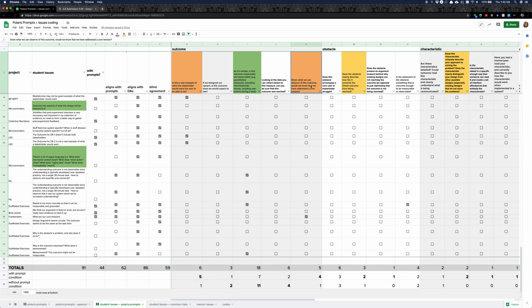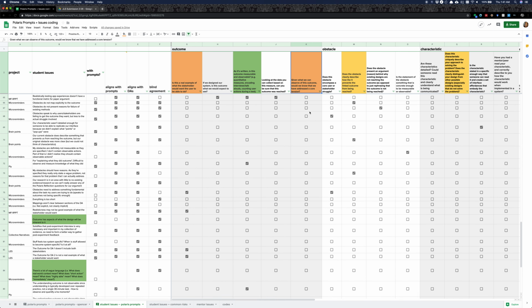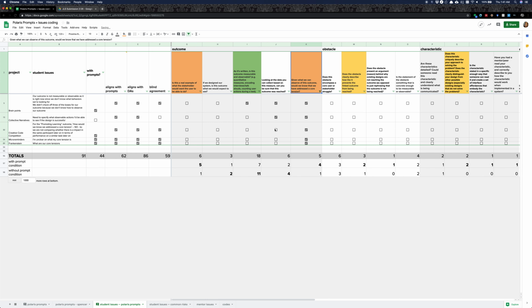If we filter by this one, you can see a lot of the issues that students came up with in this category. Most of the time they needed the prompt to do it, but there were some really good examples in here.